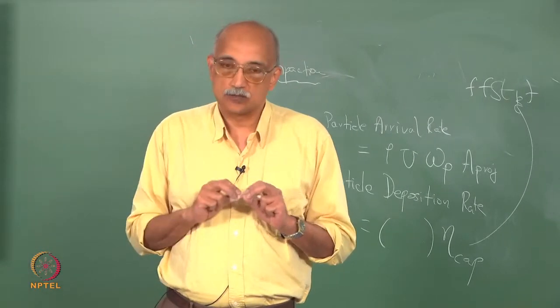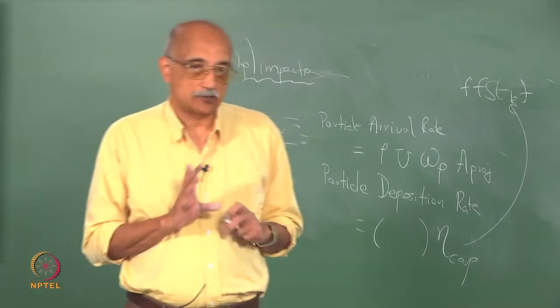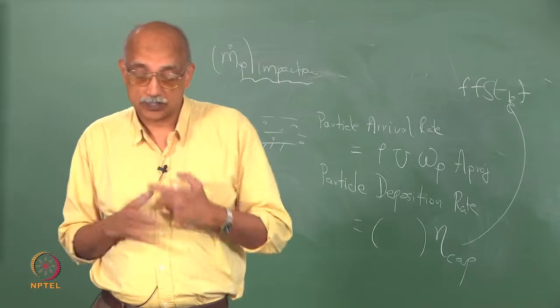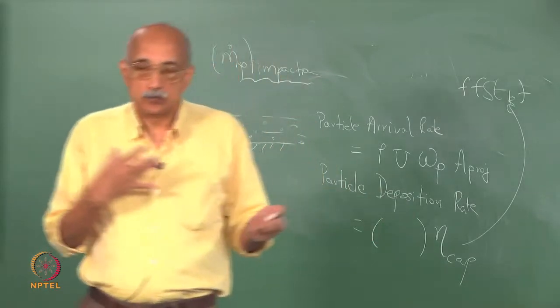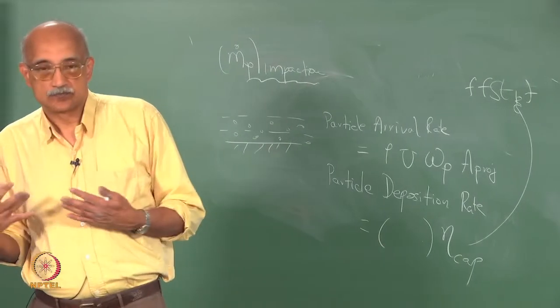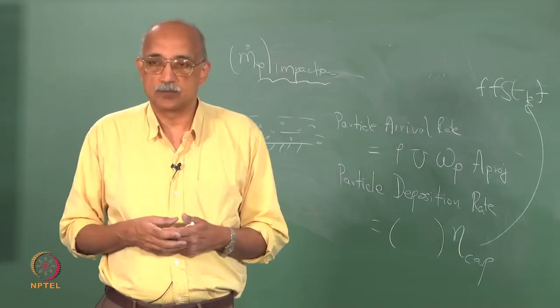So, in the next lecture we will talk about a few dimensionless parameters that are of particular importance to particle transport, and look at how they can be related to basic fluid parameters such as Reynolds number and Prandtl number and Schmidt number and so on.